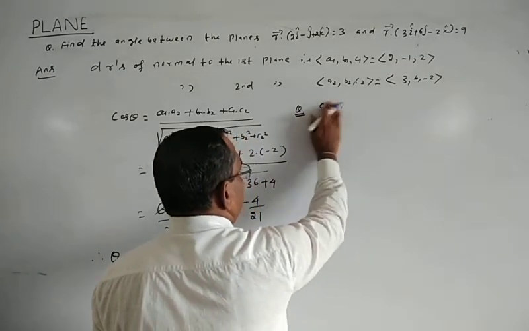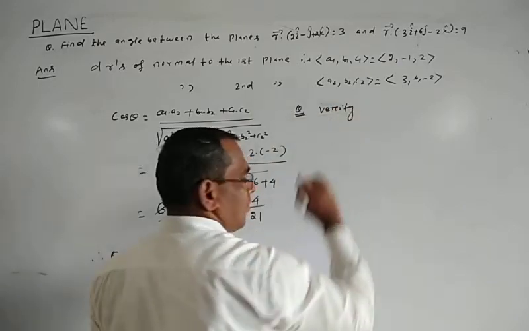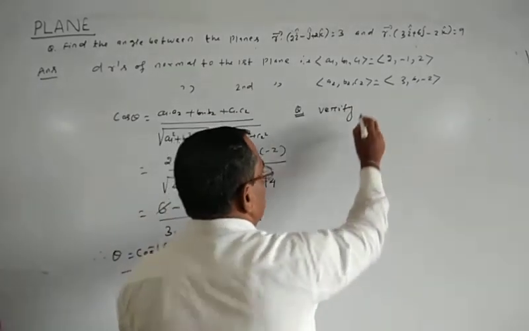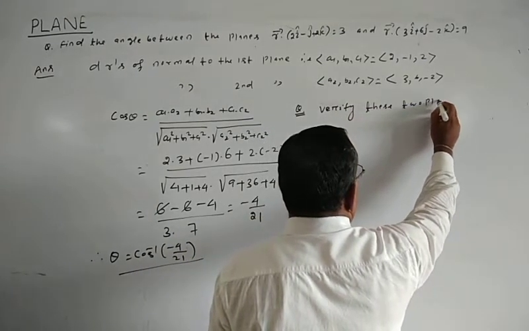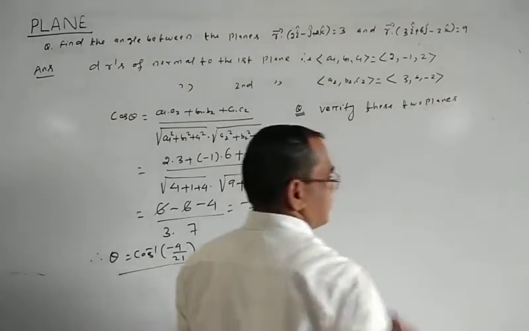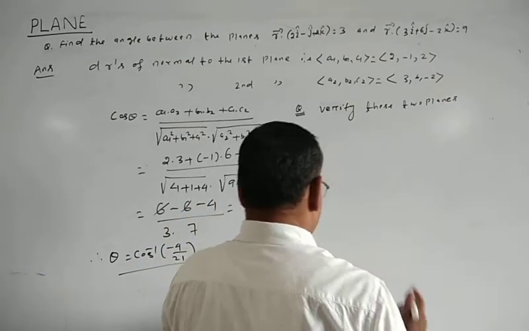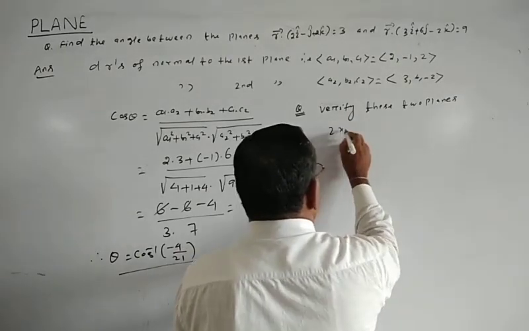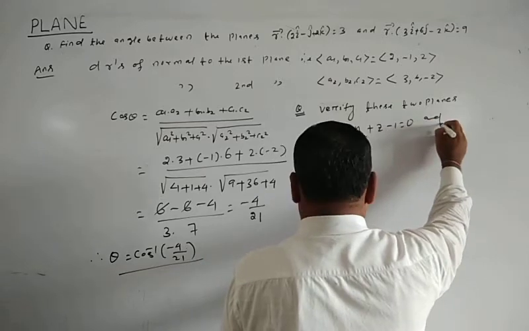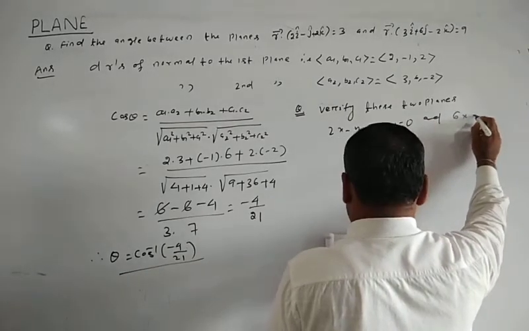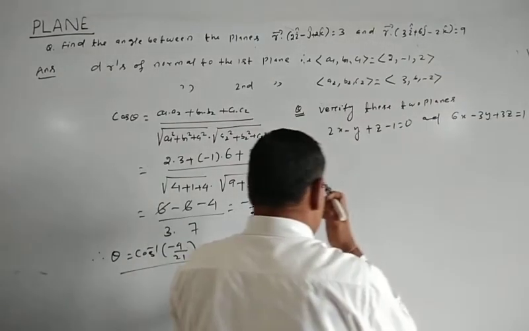State or verify whether these two planes, 2x minus y plus z minus 1 is equal to 0 and 6x minus 3y plus 3z is equal to 1, are coincident.